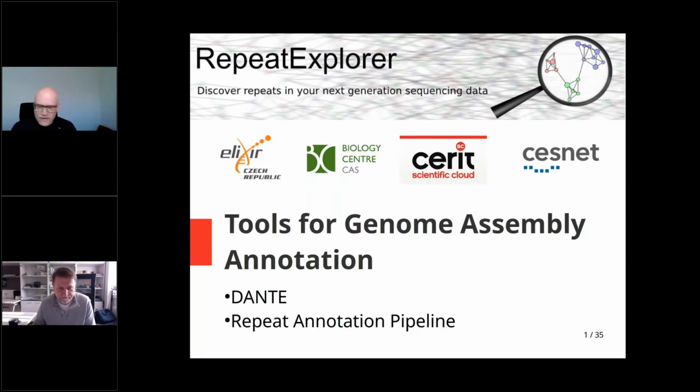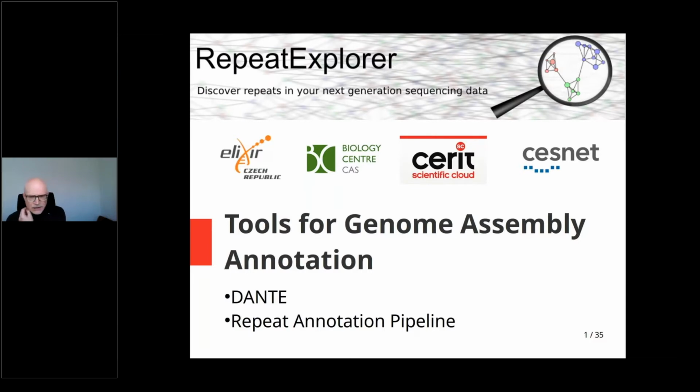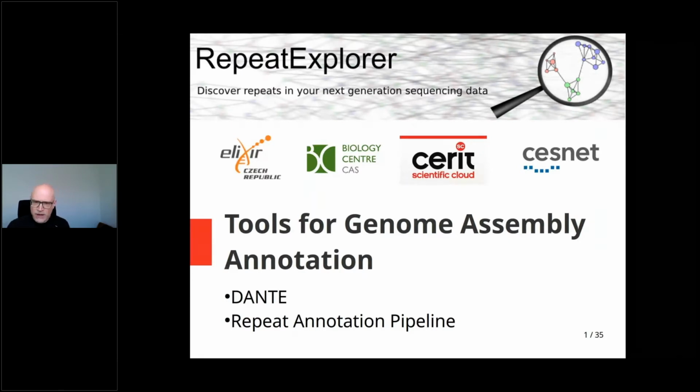Okay. Thank you, Jirko. So today I will talk about some specific tools we have on our RepeatExplorer server. This server is provided by our group and in collaboration with Elixir Czech Republic and CERT Scientific Cloud and CEST.